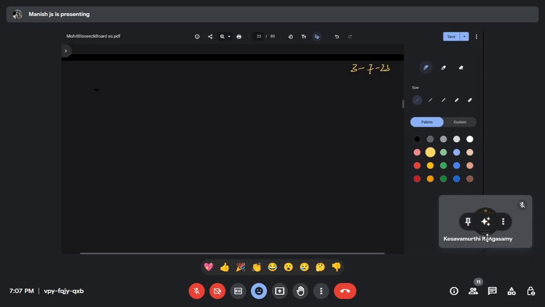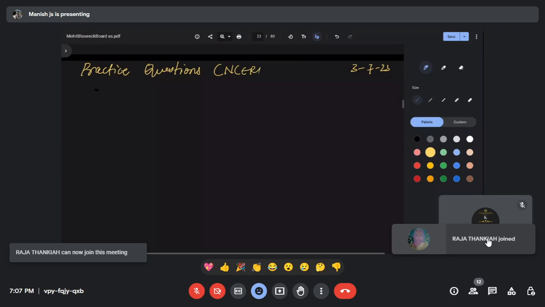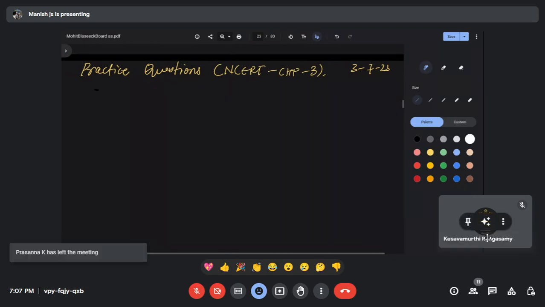Okay, so here comes the practice questions based on the NCERT chapter 3 of grade 11. So here comes question number 1. We'll start with easier ones. So here comes the first question.